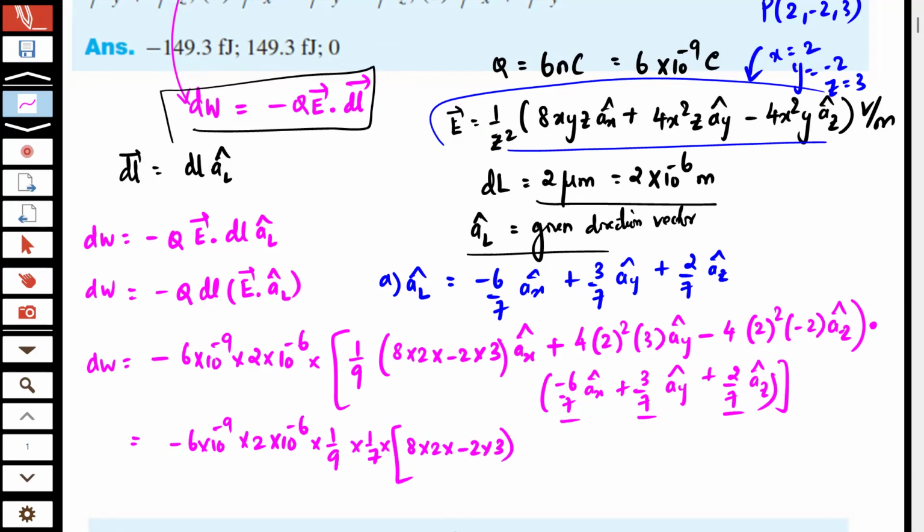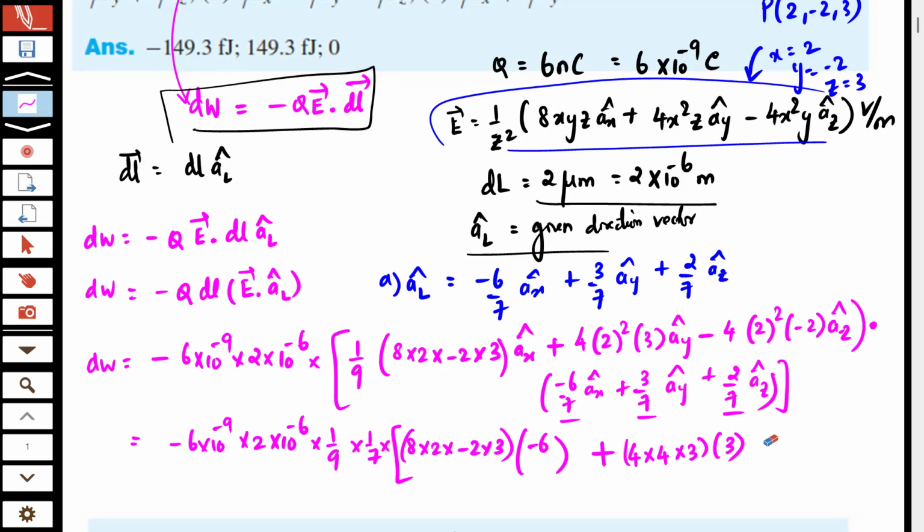This has to be multiplied with minus 6 by 7. So this is the multiplication of x component plus multiplication of y component, that is 4 into 2 square is 4 into 3. This has to be multiplied with 3. So since 1 by 7 is already taken outside, I have to write only 6.